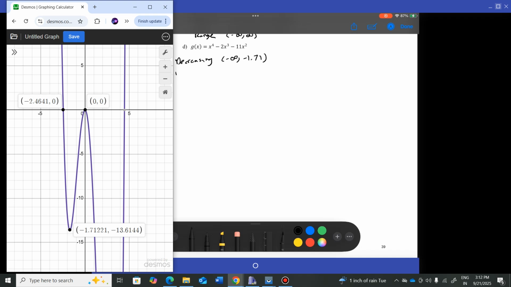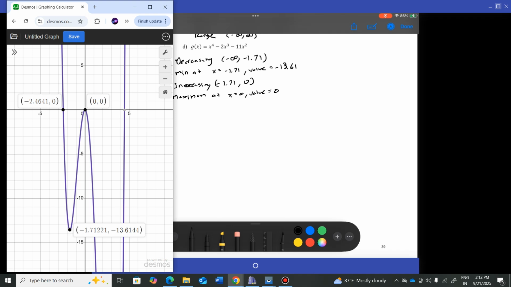So we have a minimum at x equals negative 1.71, value equaling negative 13.61. It's increasing from negative 1.71 to 0. So we have a maximum at x equals 0, value equaling 0.